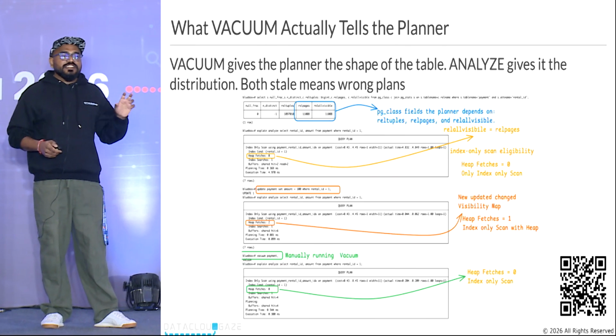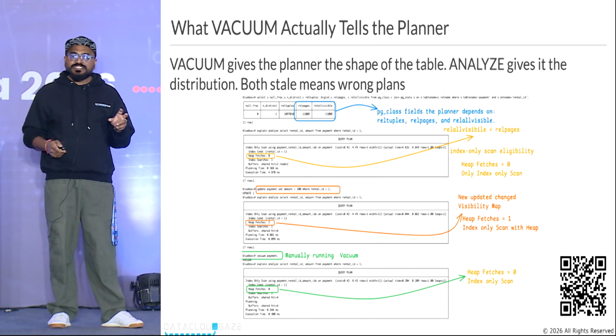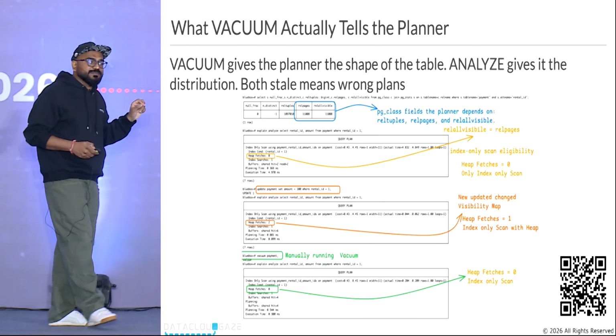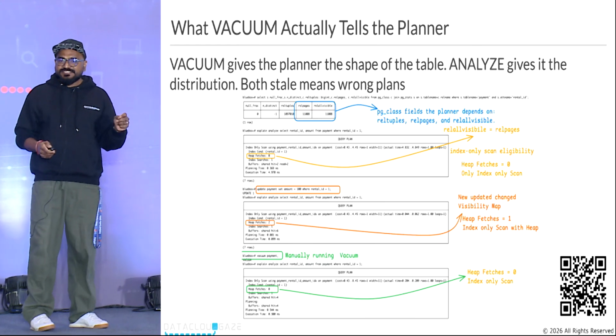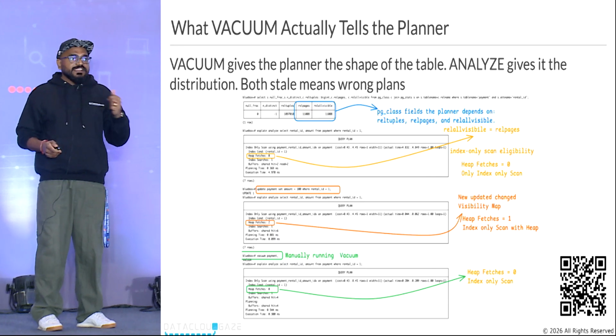This information the planner uses to decide whether we want to do an additional access method, which is called heap. So any heap method that you see in the plan is primarily referring to the table access. Any additional method that the plan has to do adds more overhead.